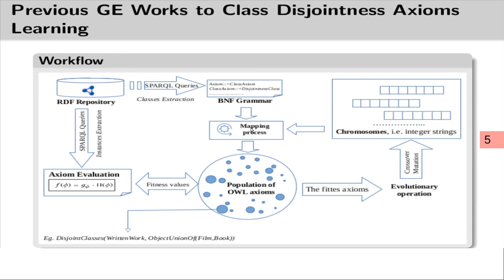Thanks to the mapping process, the integer string is mapped into the phenotype in the form of the axiom. Then the initial population of axioms is improved by evolutionary operations through the crossover and mutation operators. In the evaluation phase, the axioms are tested against the RDF repository through various quality measures and the fitness function.